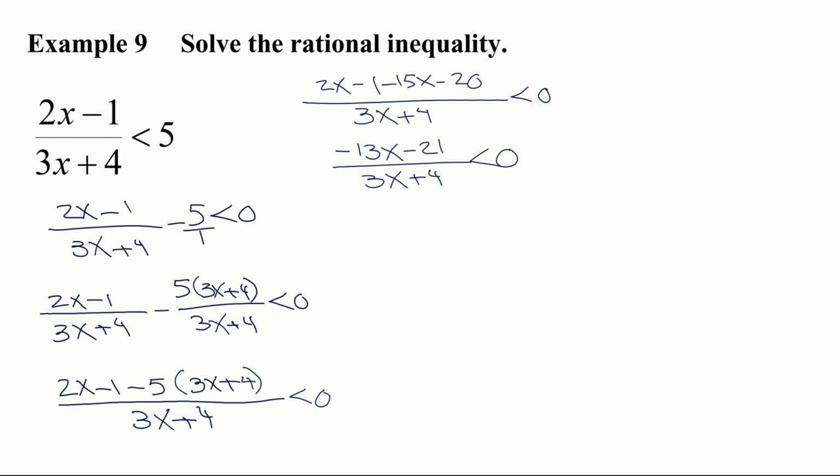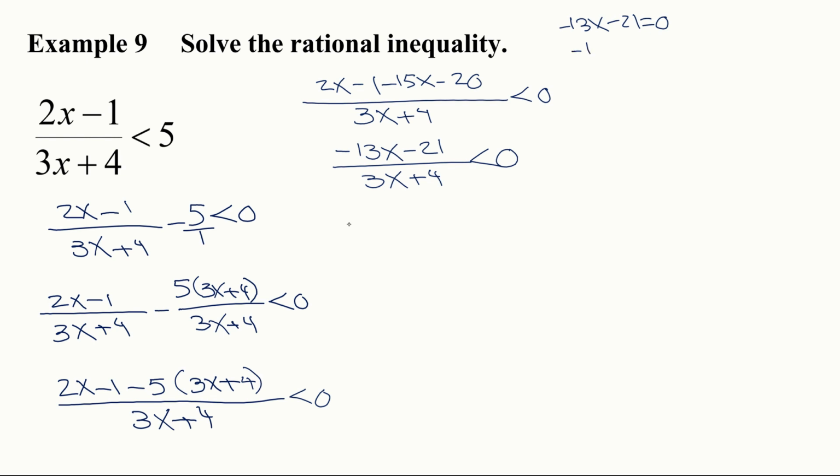Okay, so remember there are two things we need to worry about: where each of these becomes 0. That, because it makes the fraction 0, and this, because it makes the denominator 0, which makes the fraction undefined. So set each of those equal to 0. So negative 13x minus 21 equals 0.